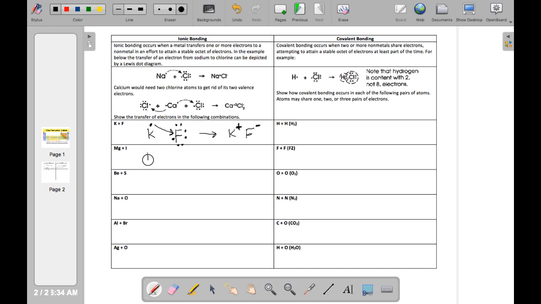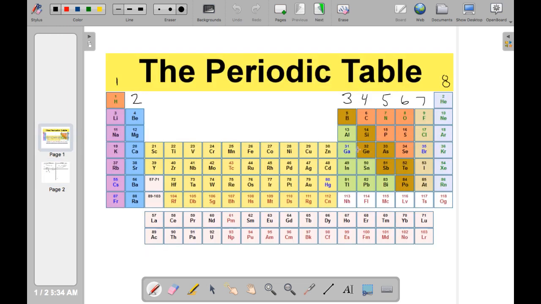Okay, moving down to magnesium. It has 2 valence electrons. And iodide, or iodine, which will become iodide, which is a halogen. Fluorine, chlorine, bromine, iodine. 7.